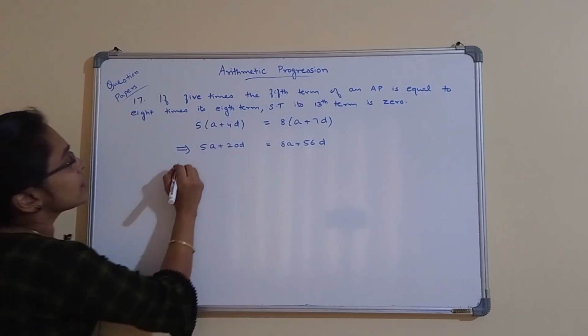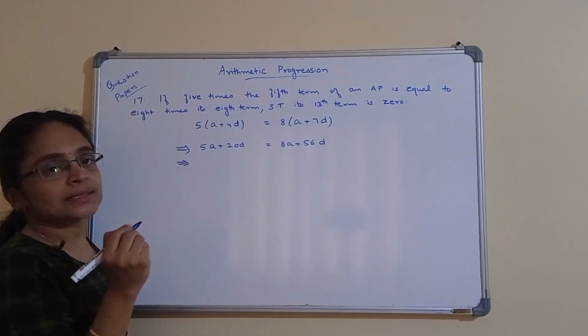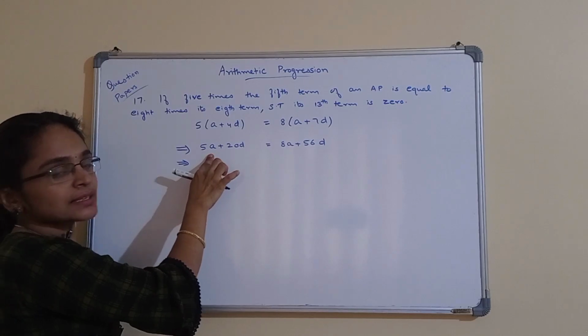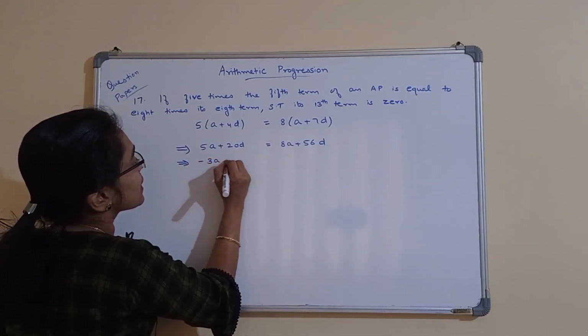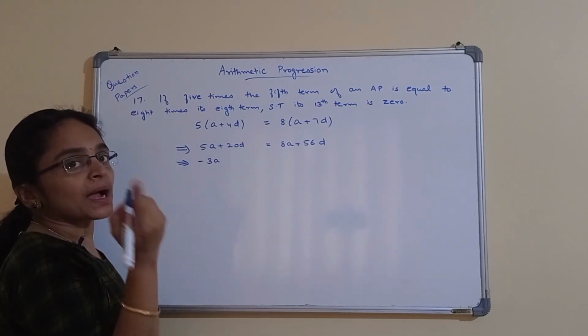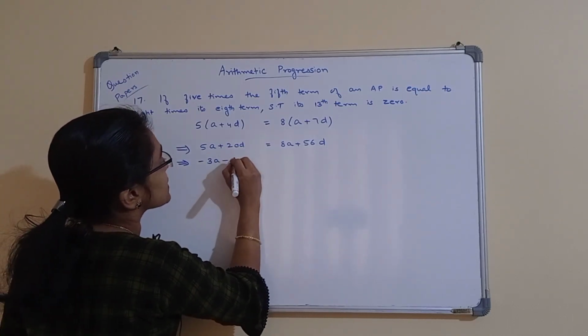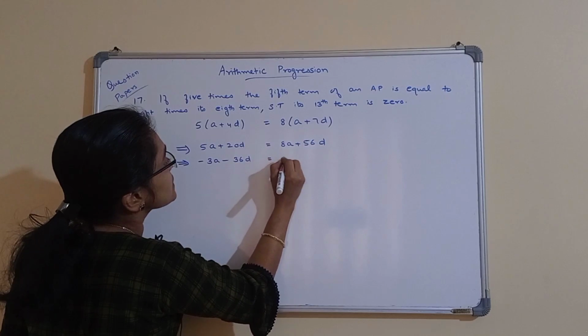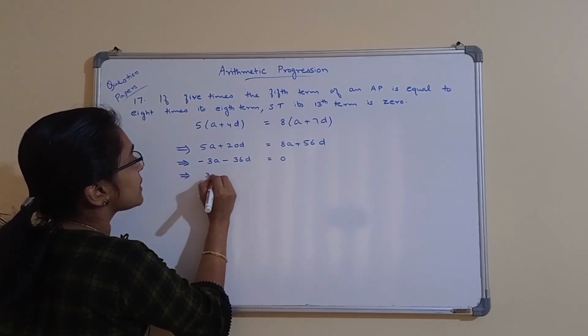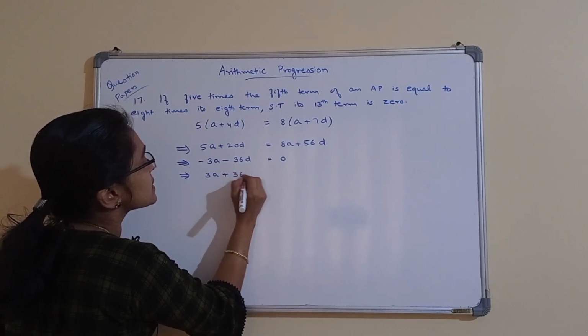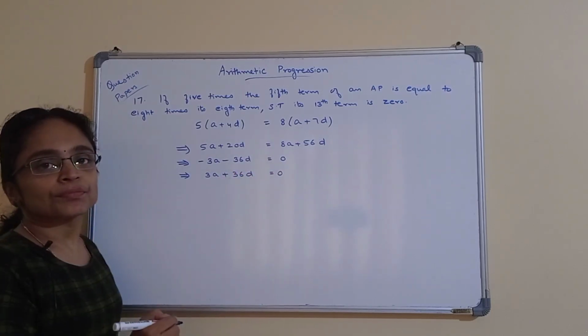And this implies, taking this to the left hand side, we will get 8a minus 5a is 3a, then 20d minus 56d is minus 36d equal to 0. That is, this implies 3a plus 36d equal to 0.